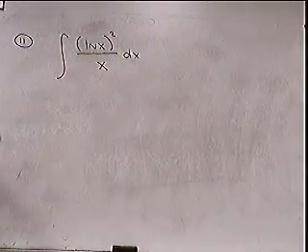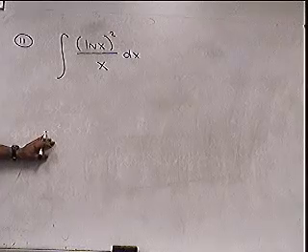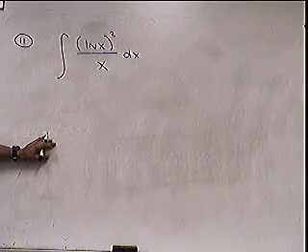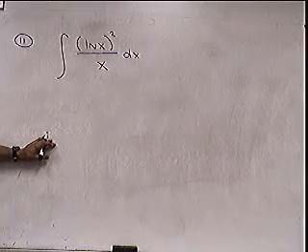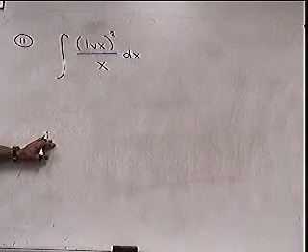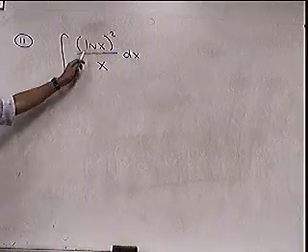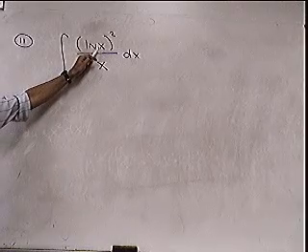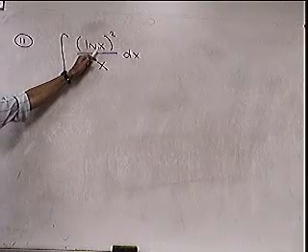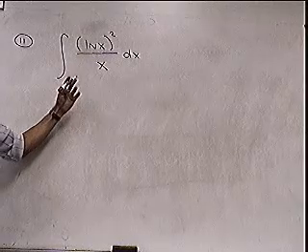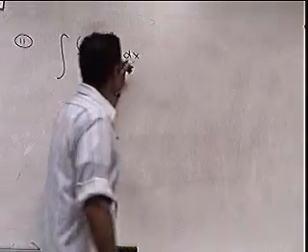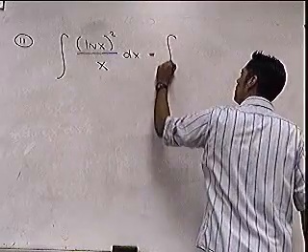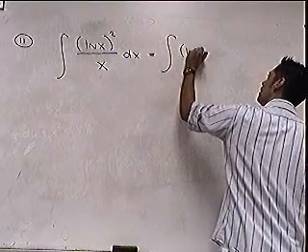So find the antiderivative of this. I'm looking for something and its derivative. Do you see it? What's the something and what's its derivative? Natural log of x. And what's the derivative of natural log of x? I don't see a 1 over x. Maybe you need to do this instead to see it.